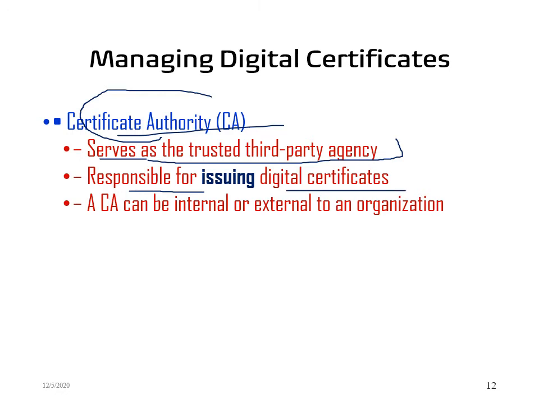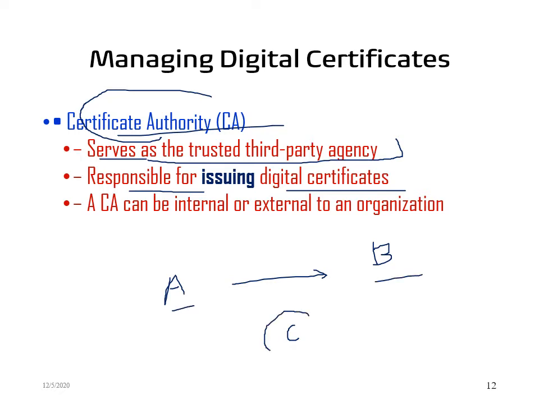Here A and B are communicating. If A tells something to B and after that denies it, saying I didn't tell anything, that is called non-repudiation, as we have seen. So C is a common person who is listening to the communication between A and B.